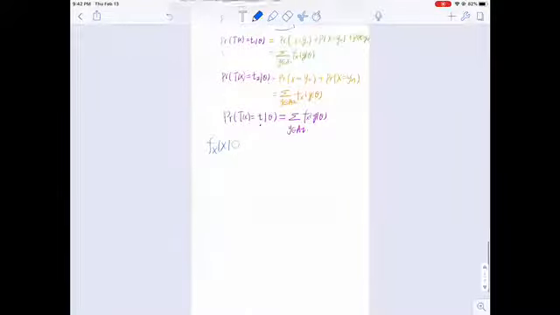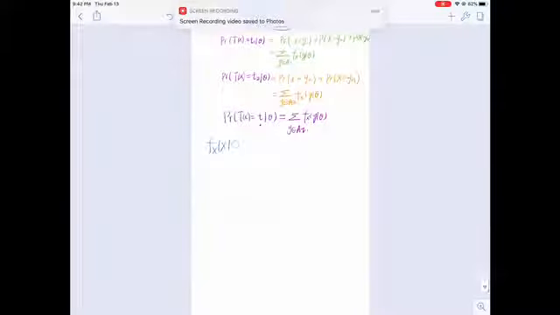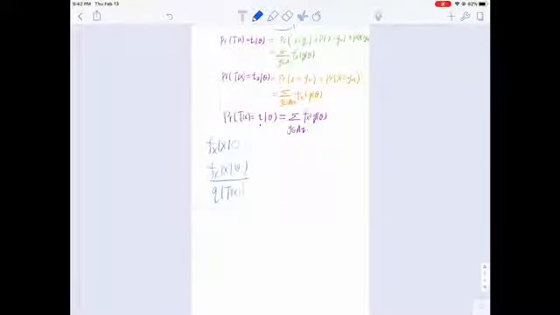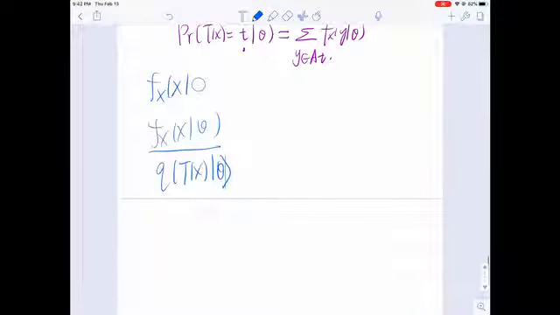So let's do that here. Let's see if this ratio is indeed a constant of theta. If we can show this ratio is a constant of theta, then we show that T of x is a sufficient statistic.